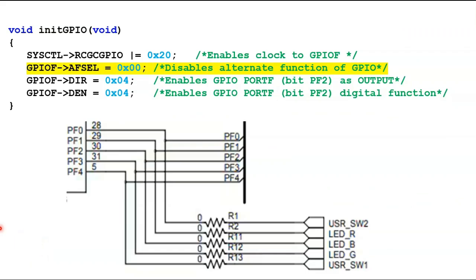Okay, so this instruction here disables the alternate function of the GPIO, and GPIO F is a pointer to a structure, and AFSEL is a member of that structure. The arrow operator is used to access the member AFSEL of the structure that GPIO F points to.